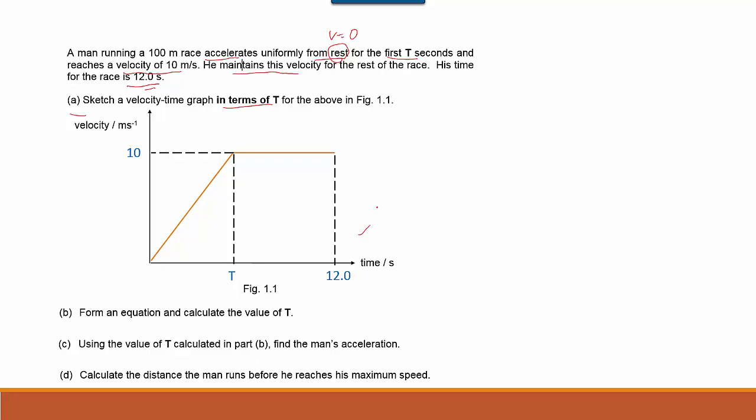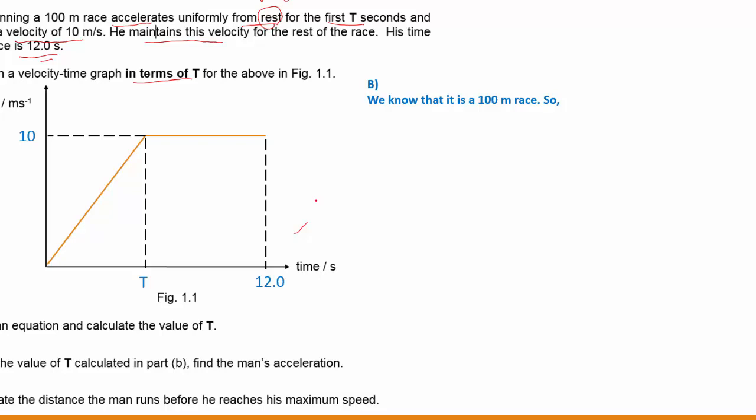B. Form an equation to calculate the value of t. We know that this is a 100-meter race, so the area under the velocity-time graph must equal 100.